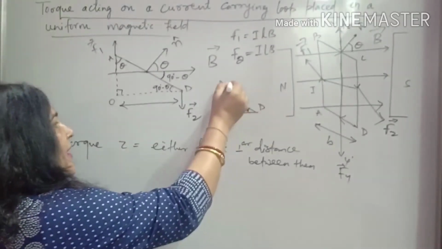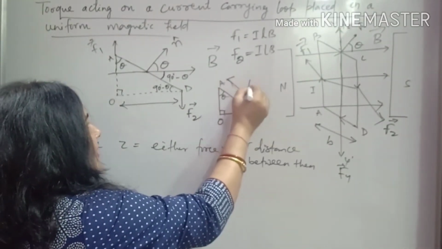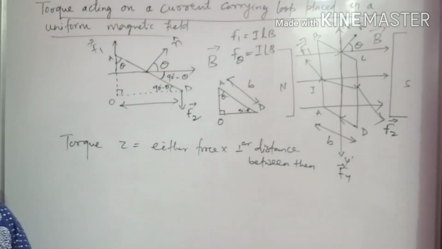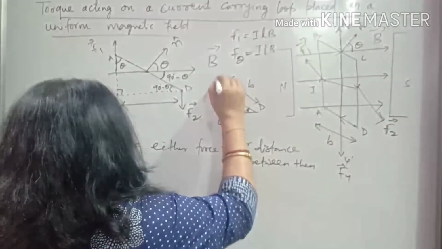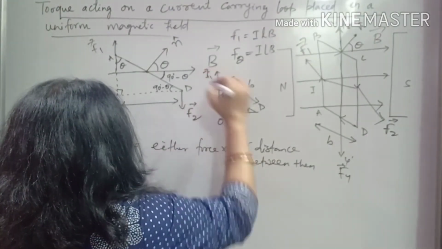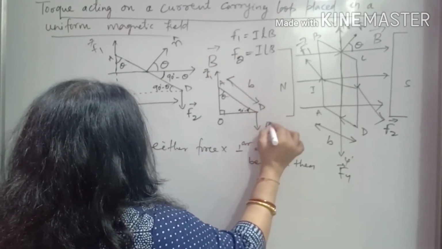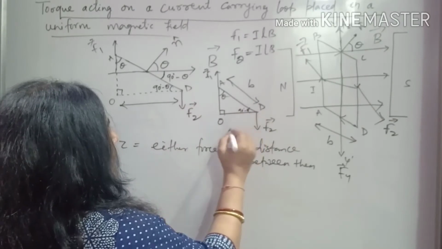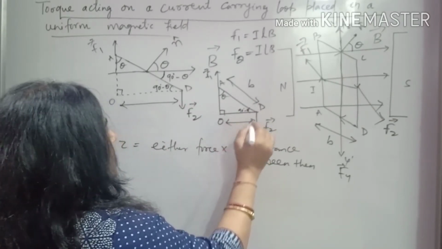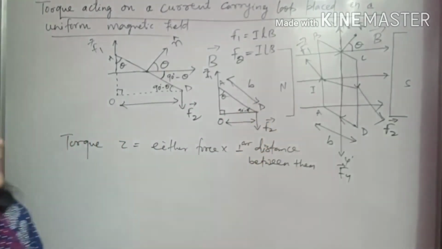Now what is the length AD? The length AD is B. Along this direction force F1 is acting, and along this direction force F2 is acting. In between these two lines of action, the perpendicular distance is OD. We need to calculate OD.